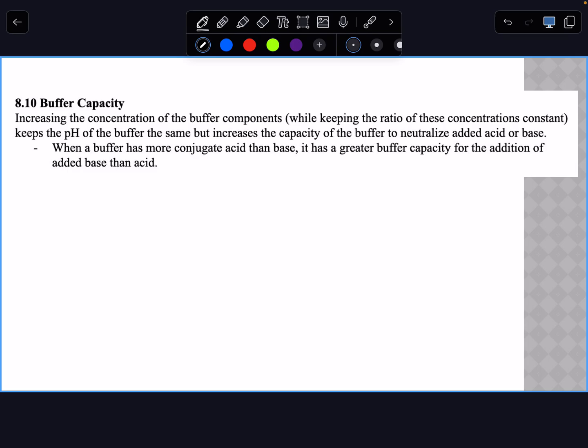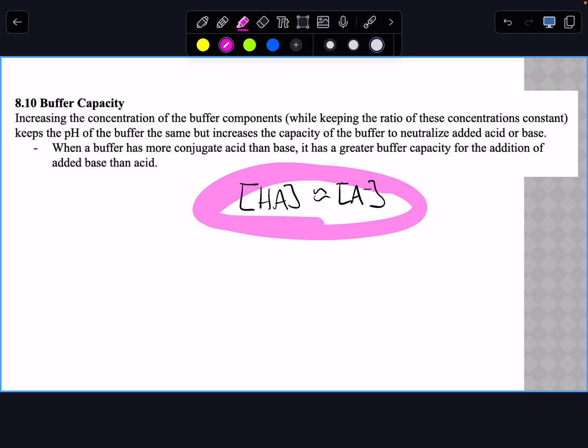On the base side, I'd run out of HA. The HA and the A- are what we need for a buffer solution. If you run out of these because you've added so much of the other, then in a sense the buffer has hit its capacity and it breaks, meaning the pH will drastically drop or drastically shoot up.